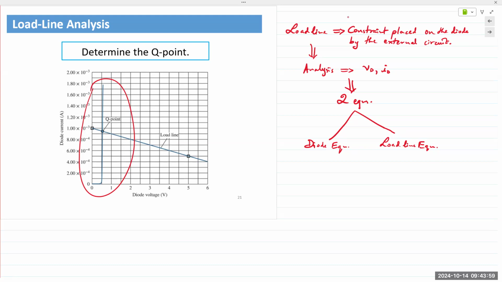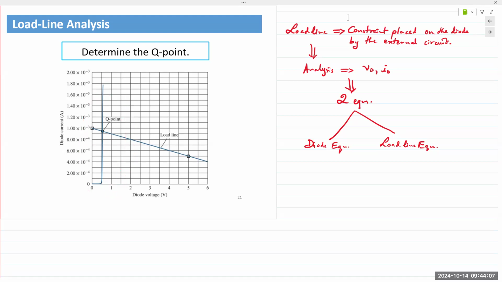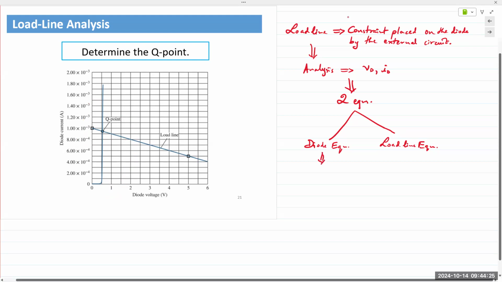You enter them in the diode equation and you can create your own plot. As students, this will be provided to you, so you don't have to worry about it, but as a working engineer, if it's not provided, you can create your own. And then for the load line equation, we have two unknowns, right? So this is already given.